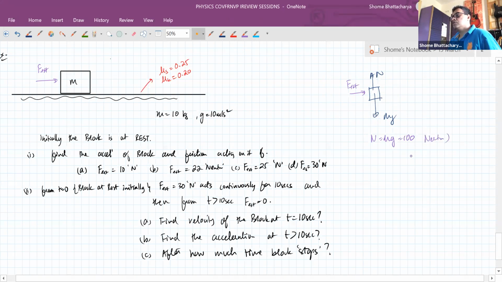So the maximum static friction available is equal to 25 newtons. For external force less than or equal to 25 newtons, there will be no acceleration and static friction will balance the external force.